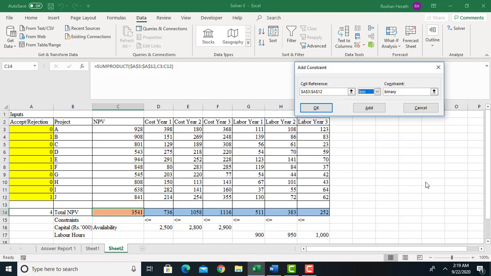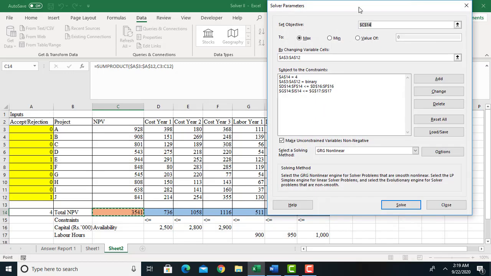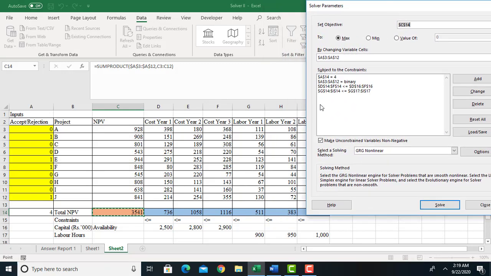You can mention that as well. Now say OK. See what the constraints are: the number of projects must be equal to 4, and this acceptance and rejection is binary. It can't be anything other than that. It's a matter of ones and zeros.